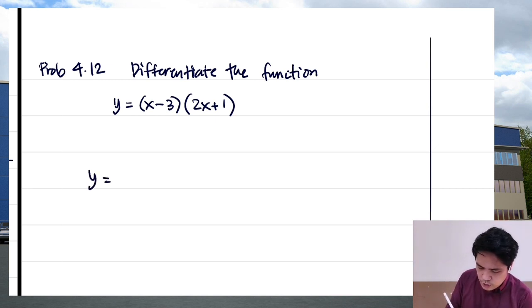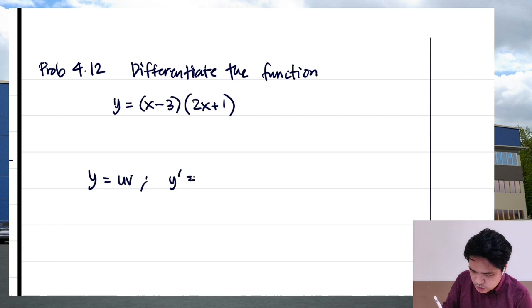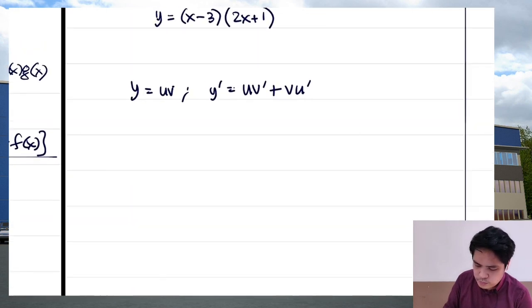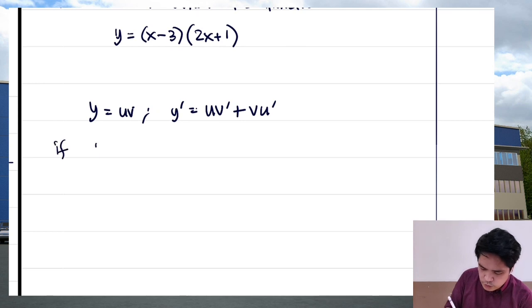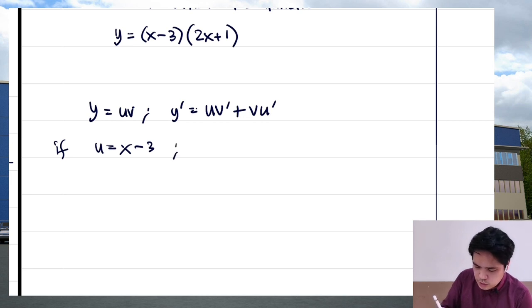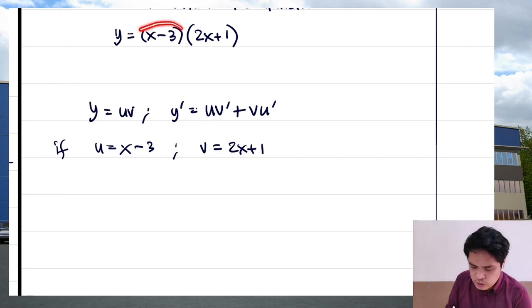So we do that by just following what the rule says. So we have y equals uv. The derivative of that is just u v prime plus v u prime. So if our u is x minus 3, or we let u equal x minus 3 and v equal 2x plus 1, eto, so this is uv.